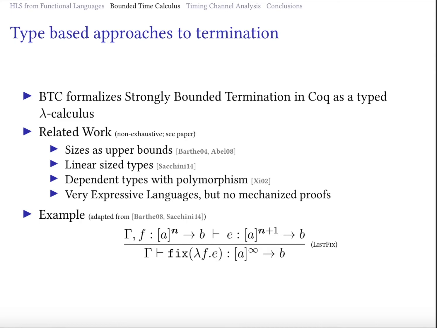The basic idea that all of these things have is that they annotate types with numbers of steps. And so the idea is that if you know the number of steps that individual parts of a program take, then you can track its termination, basically.